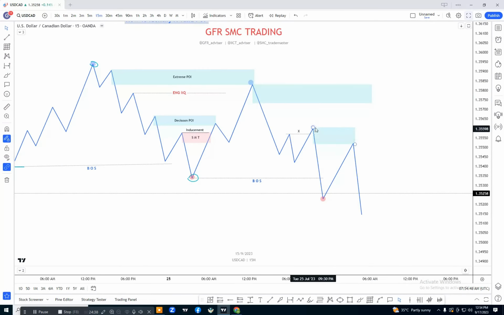Because if you look at this move, the market has already grabbed the left side liquidity here. As I have mentioned, the order block which grabs the left side liquidity will be profitable for us. So let's move on to the live chart and we will mark and analyze all these examples on the live chart as well.